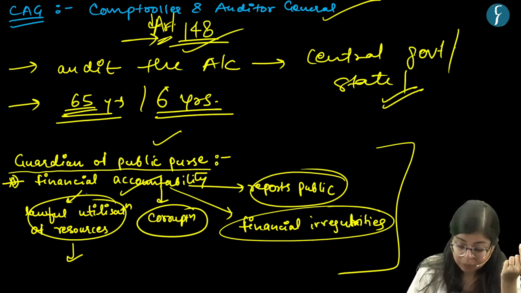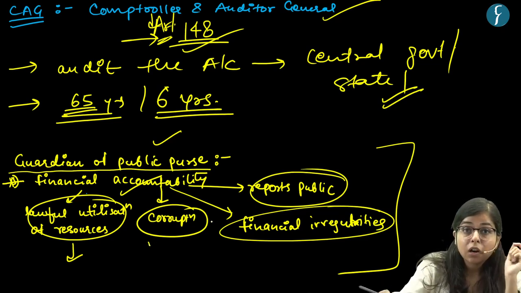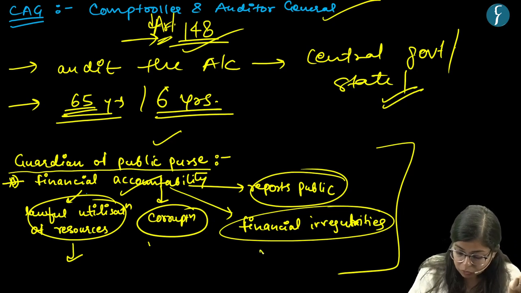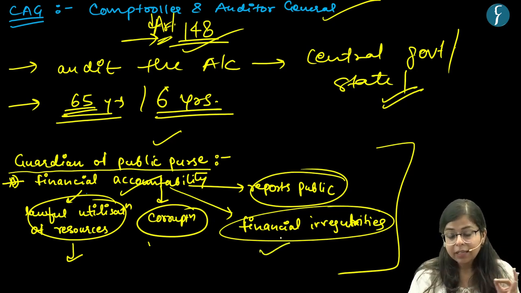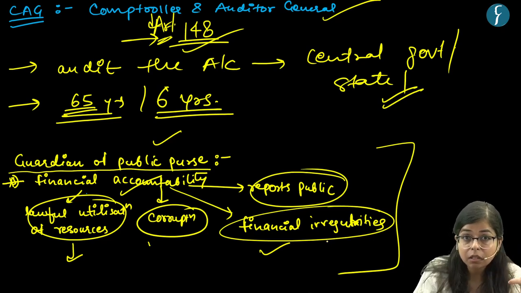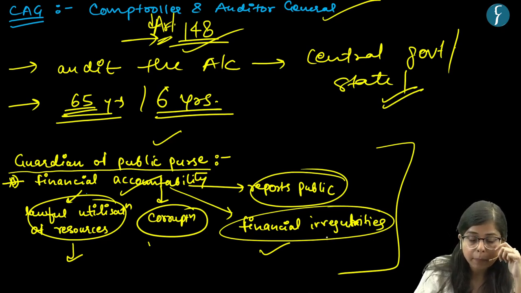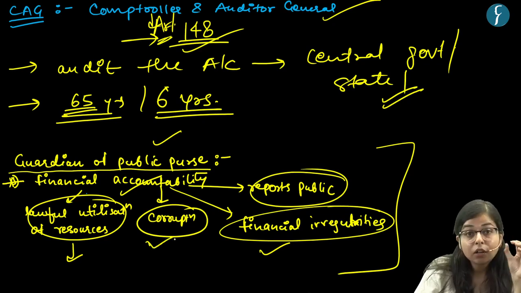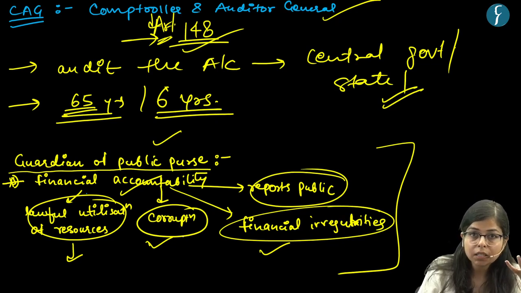The first thing is that. The second thing is that by auditing the accounts of the government, it prevents any cases of financial irregularity in the expenditure incurred by the government departments, right? And by auditing, it also aims to prevent instances of corruption if they may occur, right?